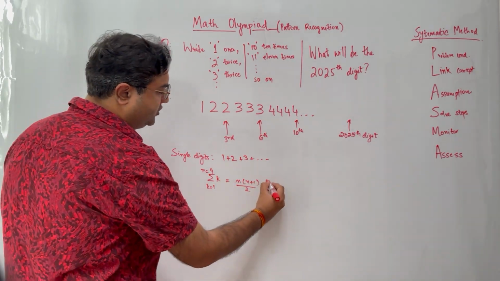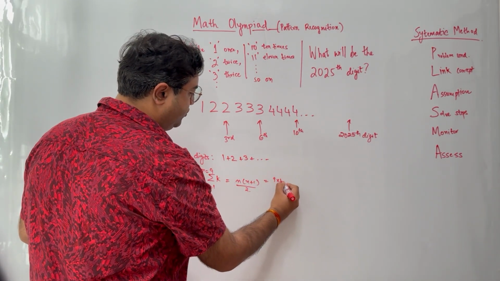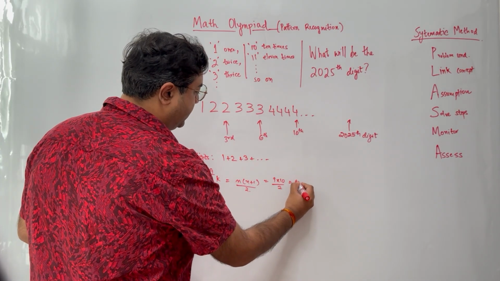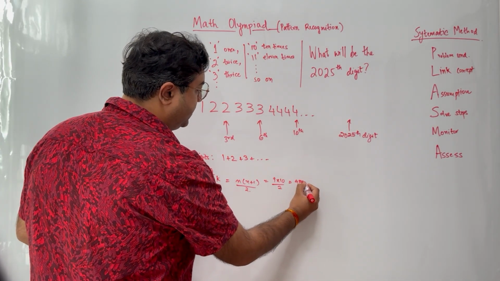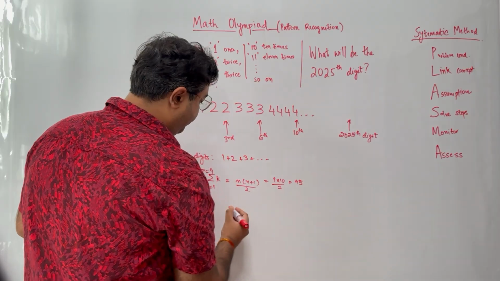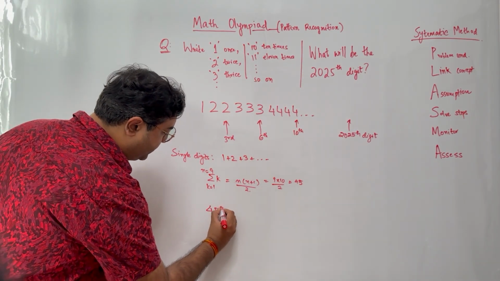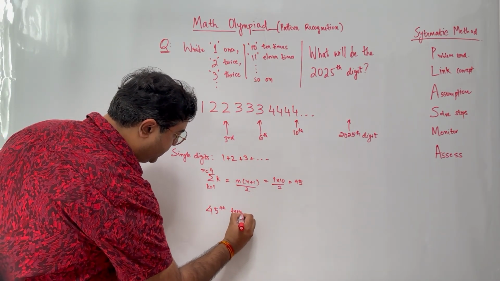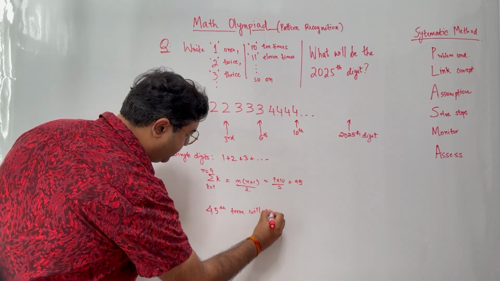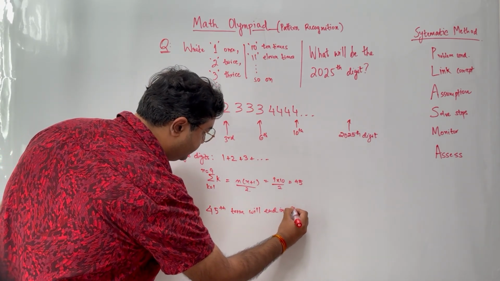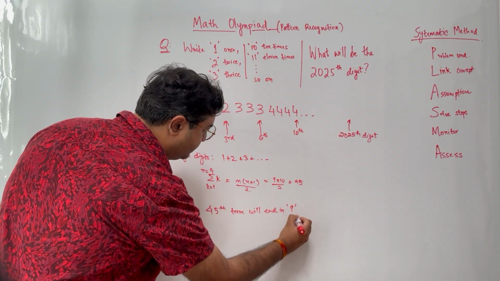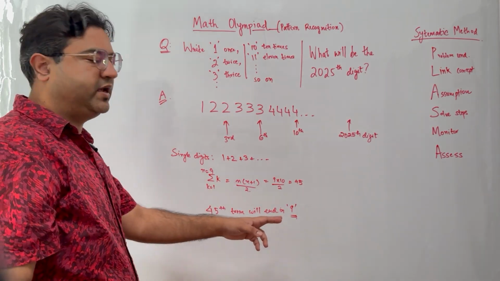This will come out to be 9 into 10 by 2, that is 45. So that means the 45th term will end in 9. So the 45th term will be 9.